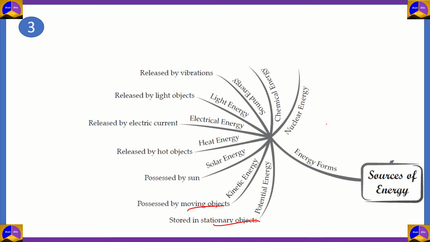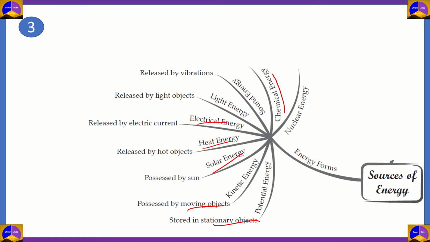For example, we use chemical energy, the energy that's stored in food, and then we eat it so as to regain our energy levels. Similarly, we use solar energy, energy that's possessed by the sun. And we use heat energy in order to do things like ironing or dishwashing.